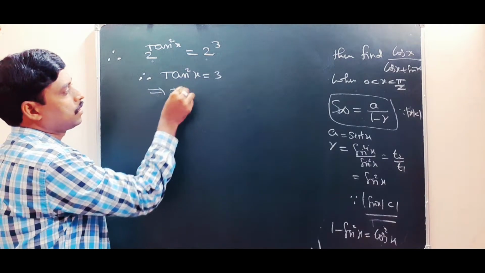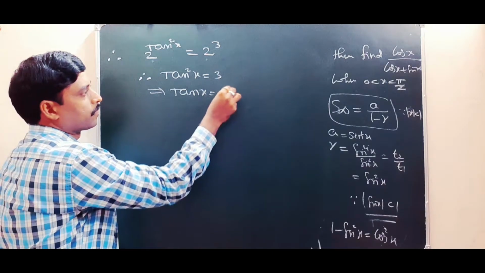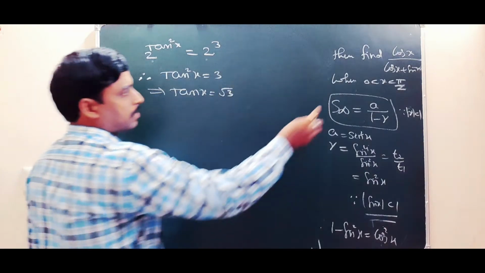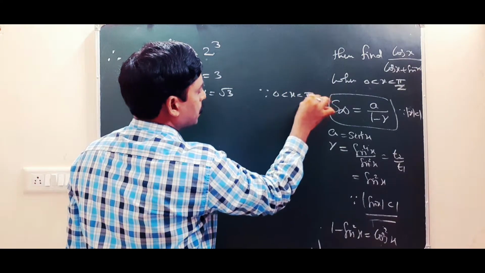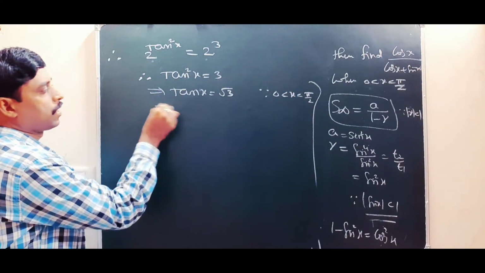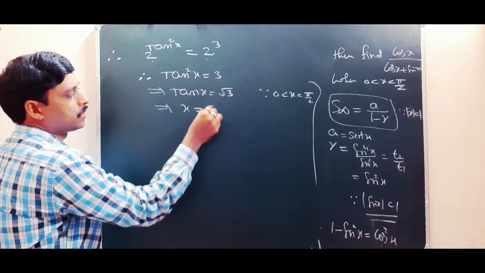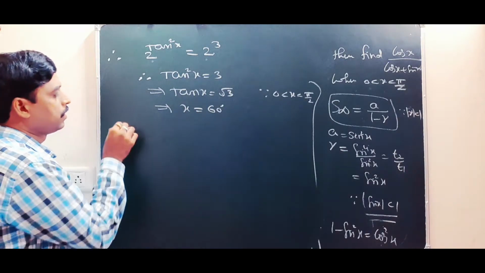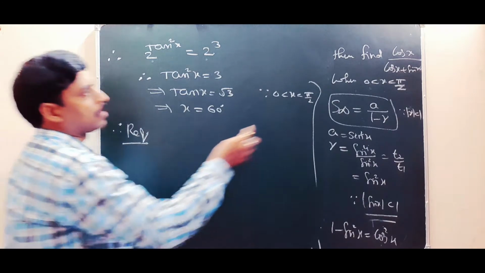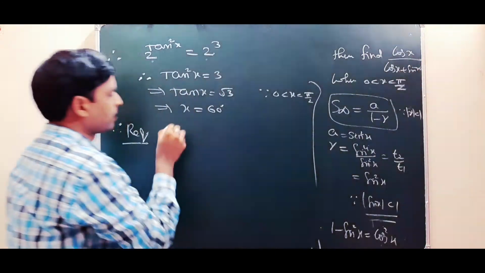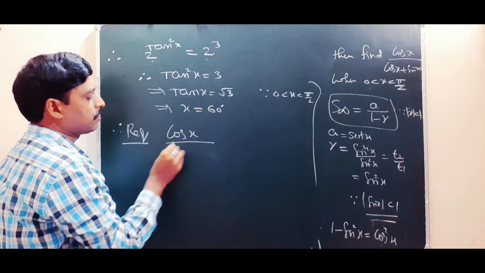Therefore, tan x is equal to plus or minus root 3, but x lies in the first quadrant given. x lies between 0 to pi by 2. So x is equal to 60 degrees. Okay, now our target is to find cos x by cos x plus sin x.